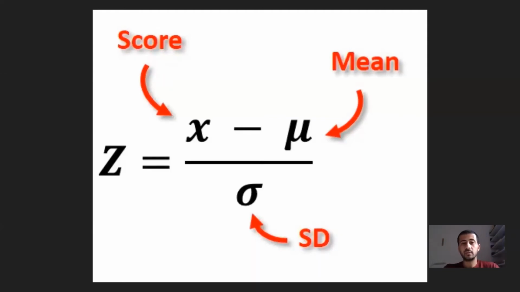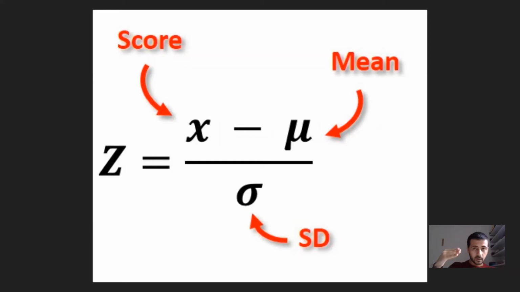If it is lower than 2, I understand that they are in the 95% of the whole population, those normal 95%. If it is lower than 3, 3 standard deviations, that means that it is included in the 99% of the population.